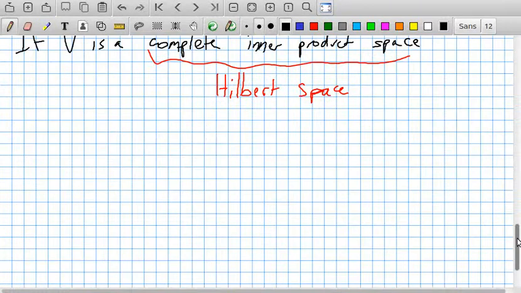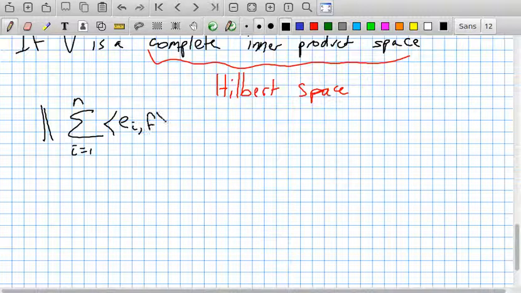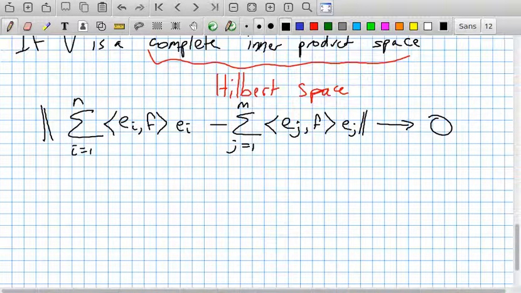So when is it going to be Cauchy? Well, let's see here. We want to look at the sum from i equals 1 to m of ei, f, ei, and we want to know when does this sort of thing get small.